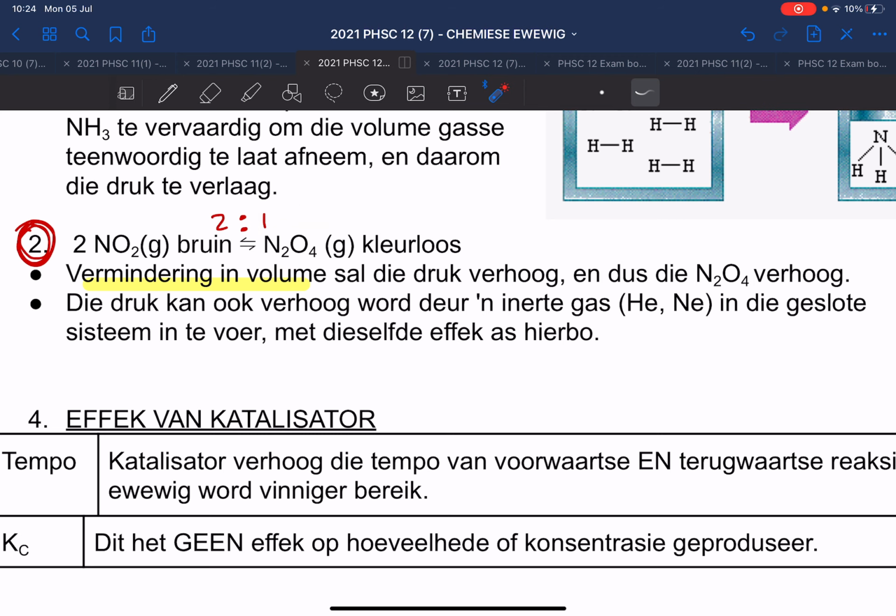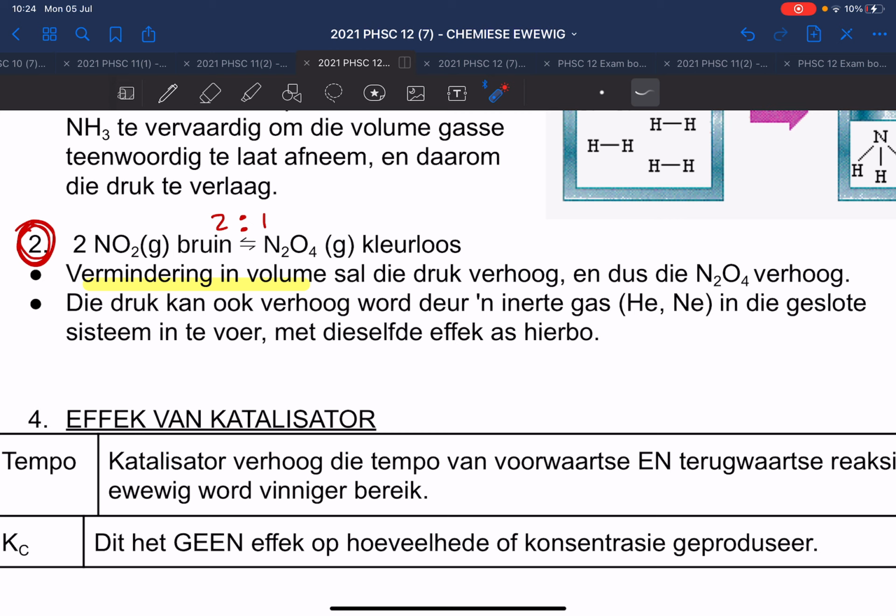You see the container changes, it becomes colorless. Or you observe it heats up the container. Or you observe that there's a weird or a potent or a funny smell of wat ook al. Okay, goed. So kan vir jou vra, wat neem jy waar? Wat sien jy? When you decrease the volume?